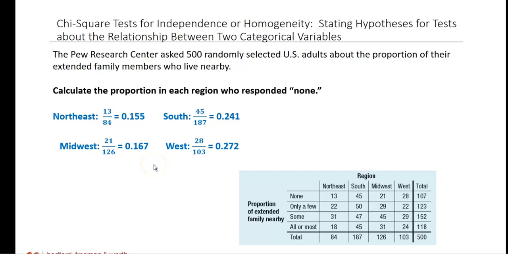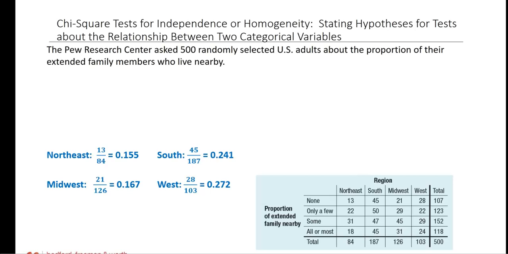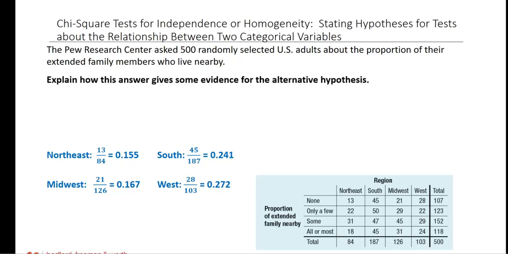And the only reason they might do this, I think, is a question that sometimes is asked: is there some evidence that maybe region of the country would affect whether or not your extended family lived close or not? Just looking at the data, those percentages are not all even. So you're thinking we have some evidence, right?